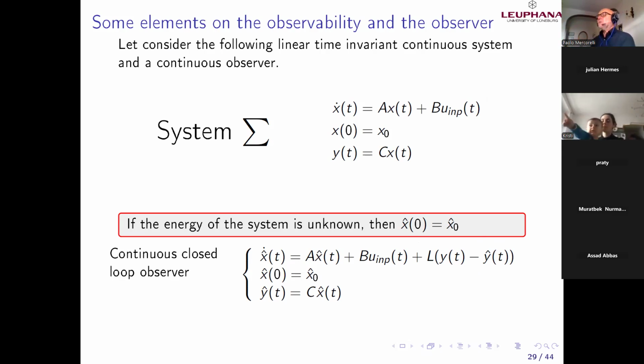To understand better what this asymptotic observer is, I mean, it's clear that if x hat 0 is not equal to x 0, and L is equal to 0, we have two different trajectories, x and x hat, as I showed you with the lateral camera. Because the dynamics are different.